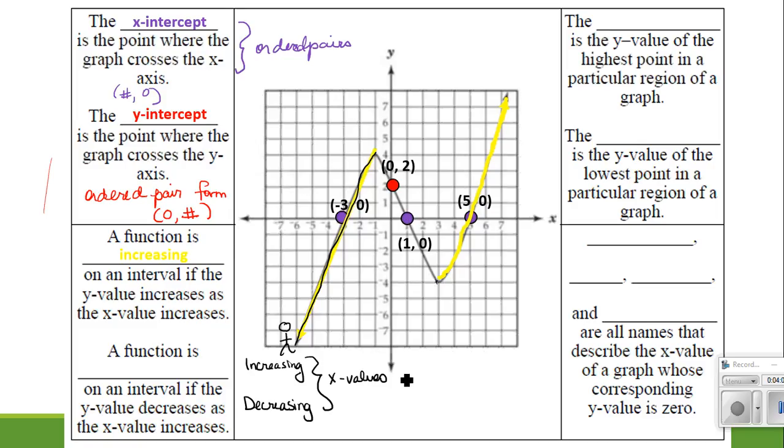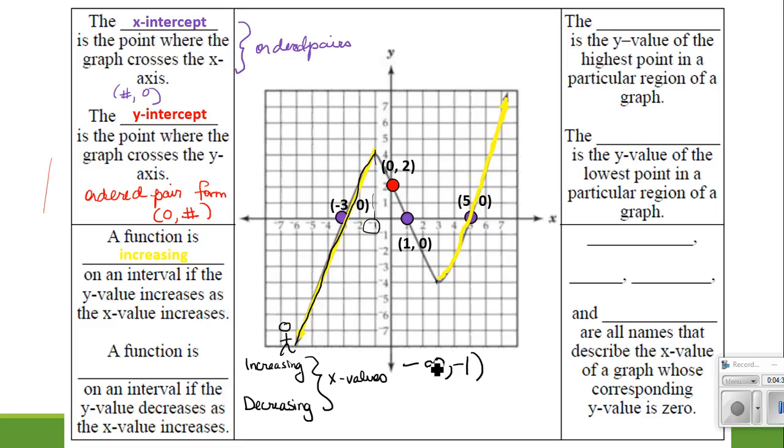So take out your handy dandy little foldable where we talked about domain and range and use the domain part because the domain are the x values. So if I closed the domain here, I would run into an arrow. That's negative infinity. When I close it on the right, I would run into -1.